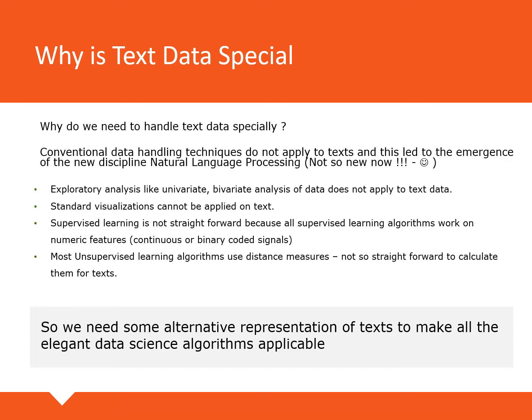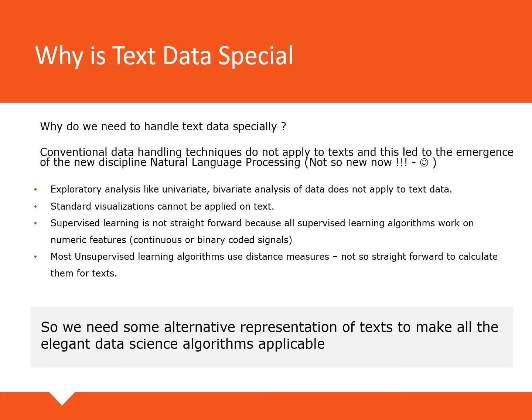So if we are able to find a representation of text data so that we can visualize text data, we can do univariate analysis on text data, we can find ways of doing supervised learning or unsupervised learning on text data, then that is exactly the kind of representation that we are looking for. To summarize, the alternate representation of text should be such that all the elegant data science algorithms that we have developed over the years can be applied on text data.